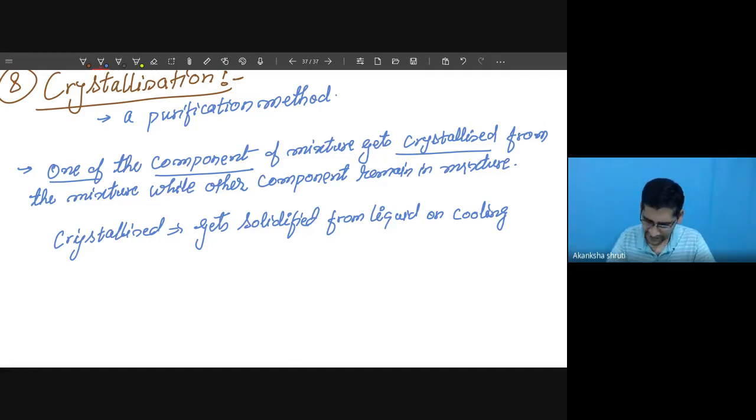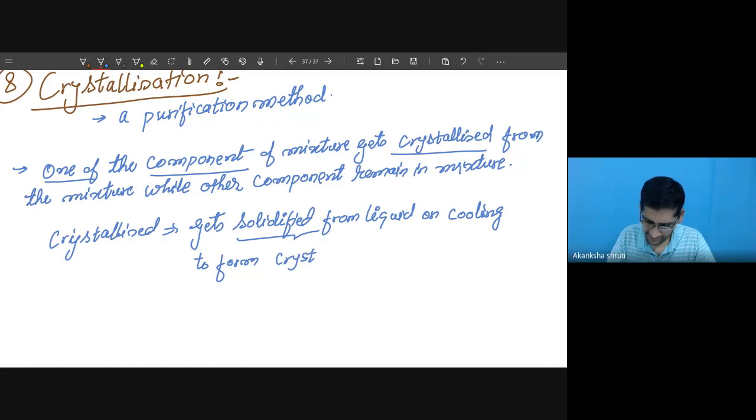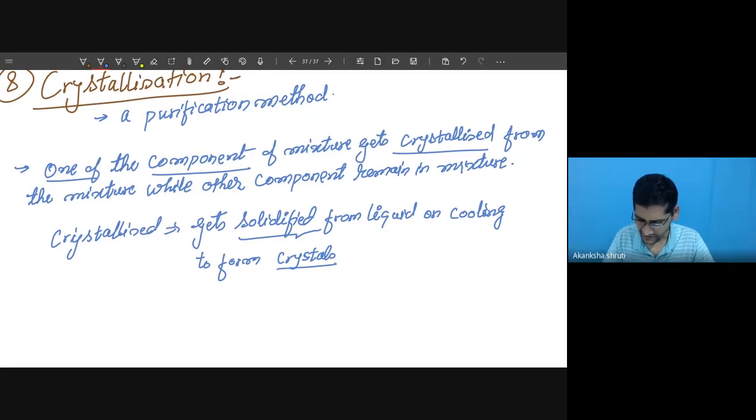So the requirement is that only one of the solutes shall solidify on cooling to form crystals. Crystal of salt, crystal of sugar, the same thing.